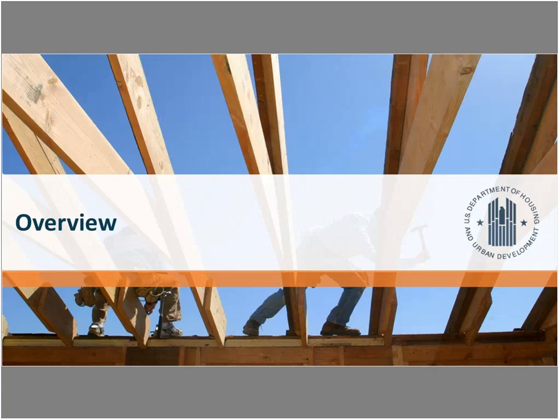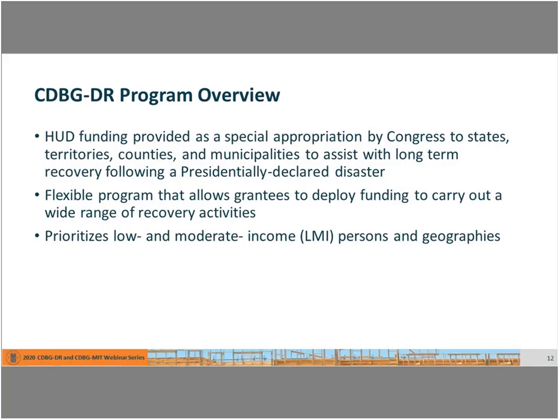All right, so we'll kick off with a little bit of an overview of the CDBG-DR program. And again, I think you'll find this will be at a very, very high level. So one of the things about CDBG-DR is that it is a special appropriation from Congress to the states or territory, county, municipality to assist with long-term recovery.